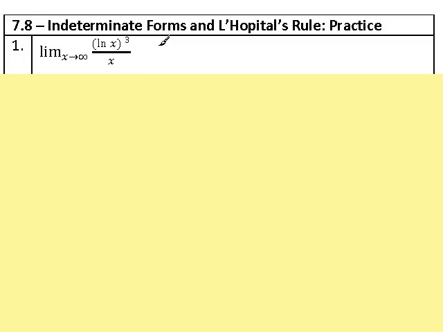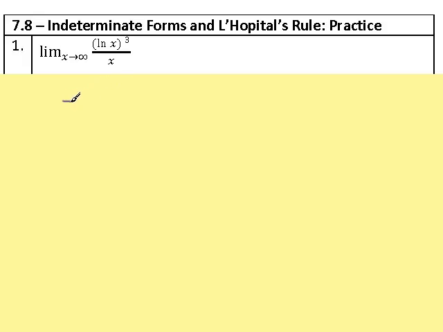So in number 1, as x goes to infinity, log x goes to infinity, so does log x cubed, and the denominator x is also going to infinity, so this is an indeterminate form of the form infinity over infinity. And so we're going to apply L'Hopital's rule.